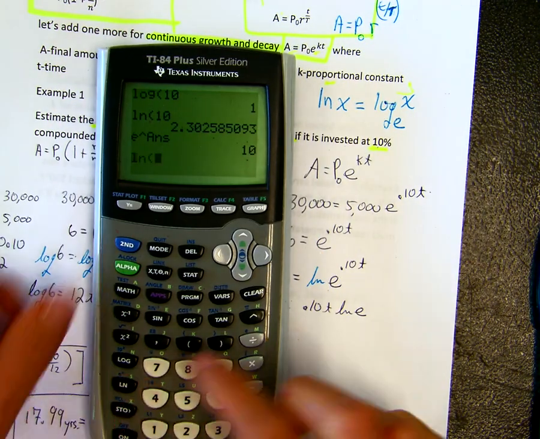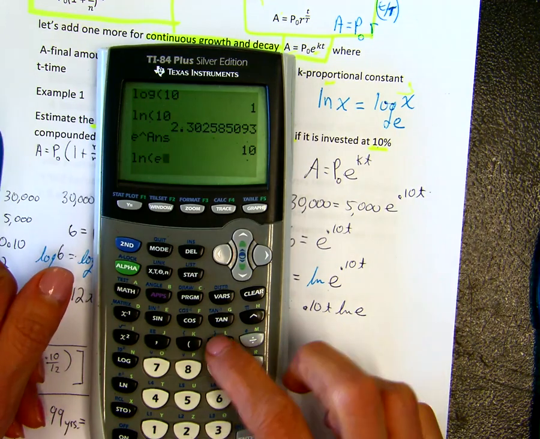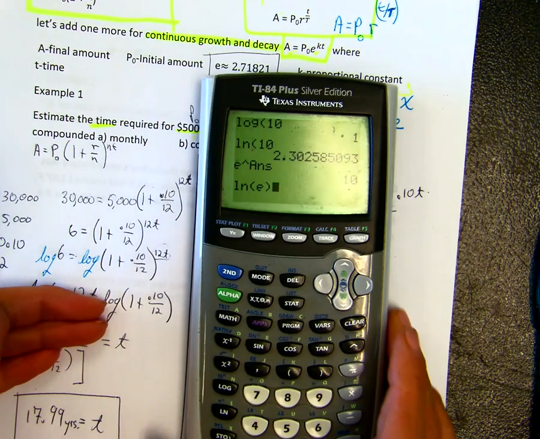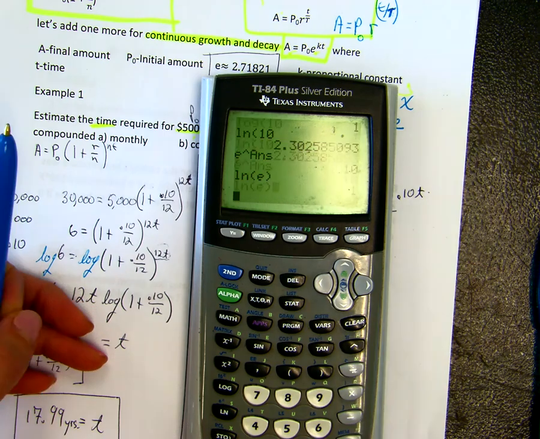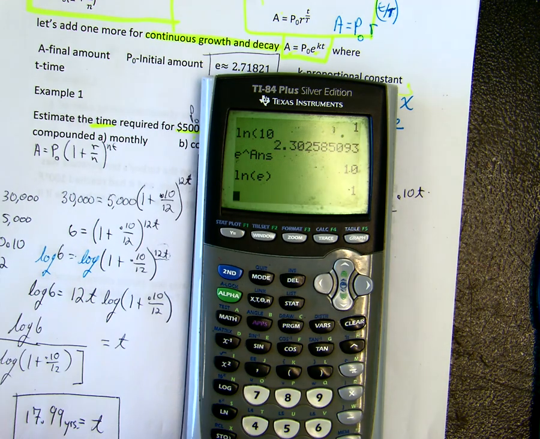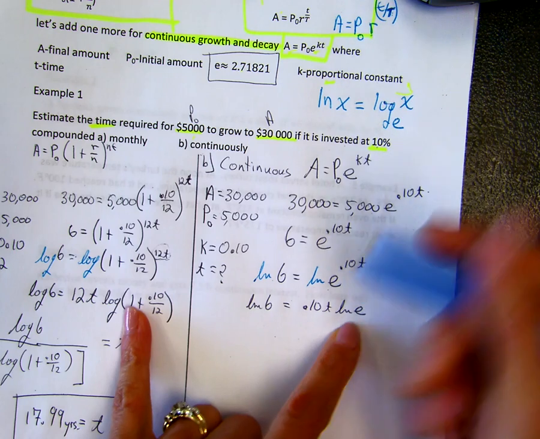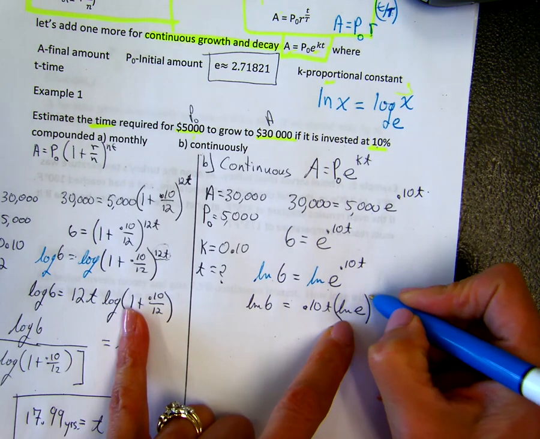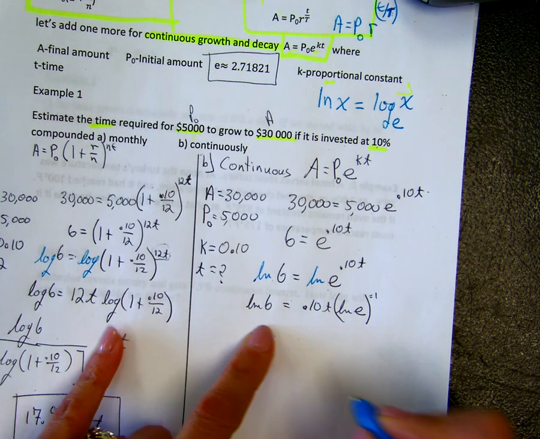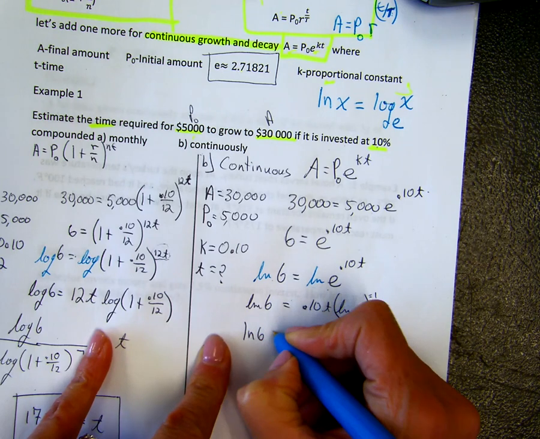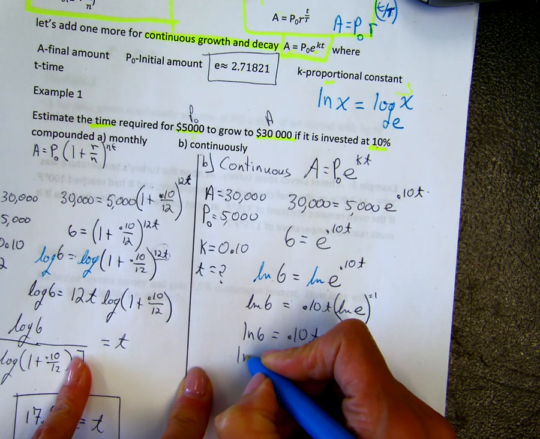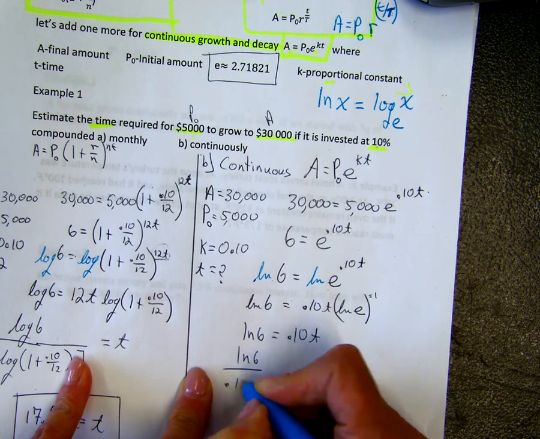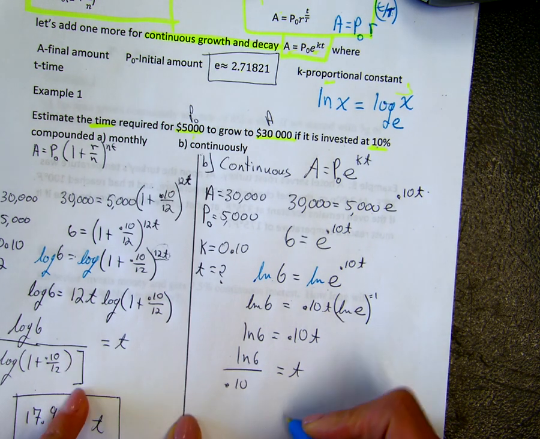Guess what the ln of e is? Well, if ln is log to the base e, it's asking you to what power do you raise e in order to get e? 1. So the ln of e here is just 1. So this becomes ln 6 is equal to 0.10t, and ln 6 over 0.10 equals t.